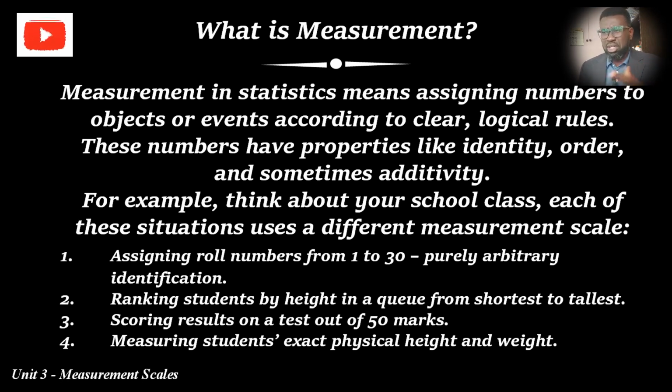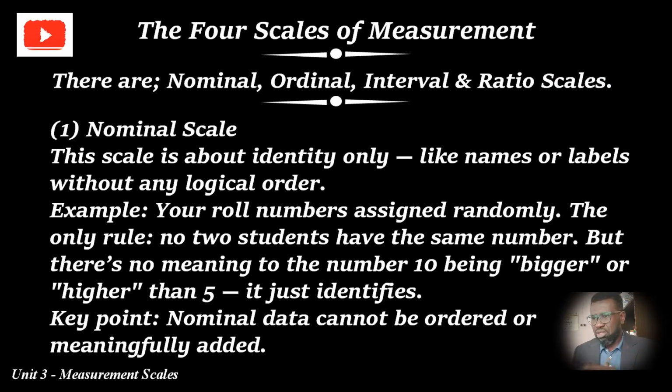Now, measuring students' exact physical height and weight is also part of these numbers, which have properties of order and sometimes additivity, which make up what we refer to as a measurement in statistics. Now, each of these situations uses a different measurement skill, of course.